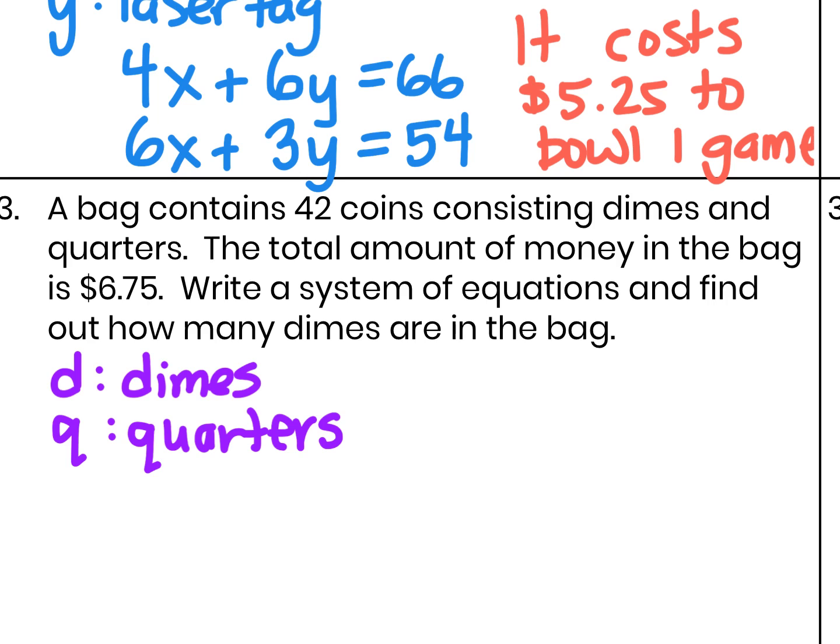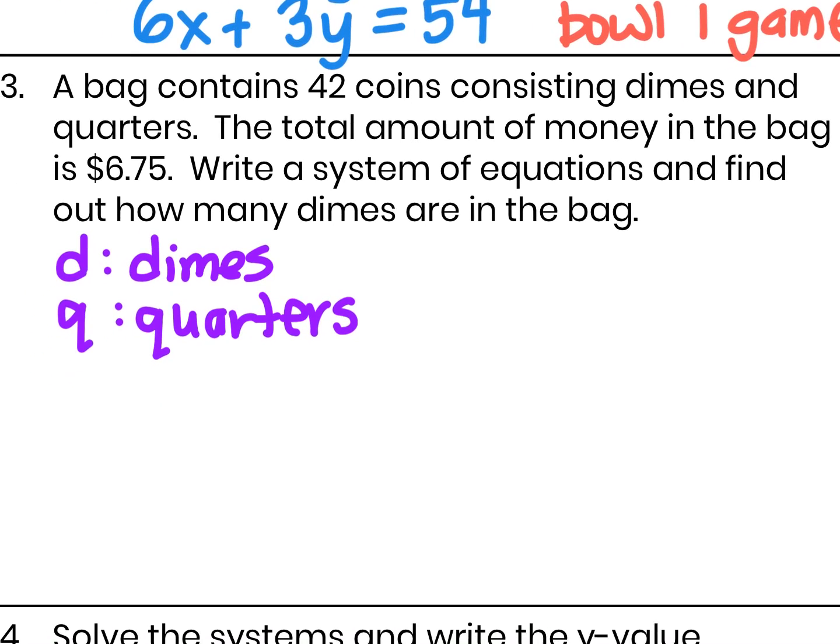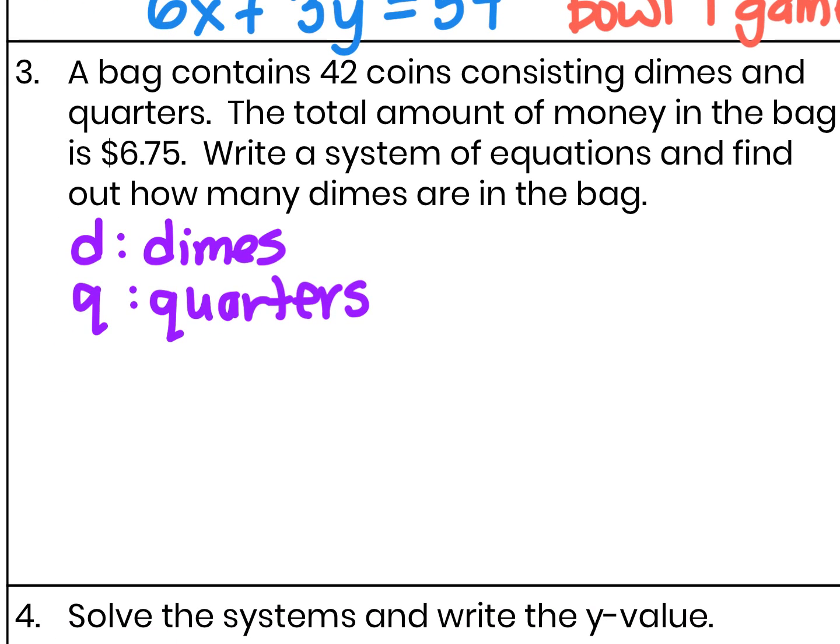Write a system of equations and find out how many dimes are in the bag. So D and Q are going to be my letters. My first equation should say that there's 42 coins consisting of dimes and quarters. So 42 coins equals dimes and quarters.